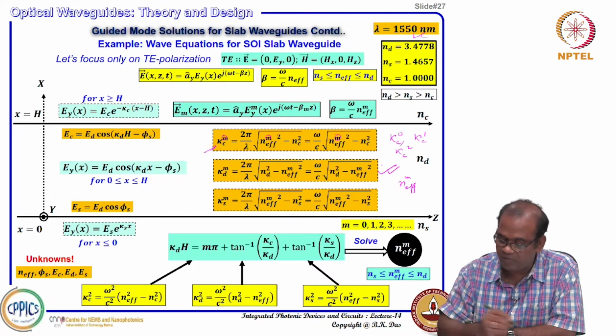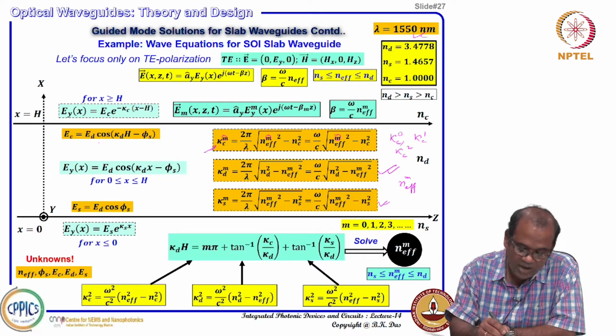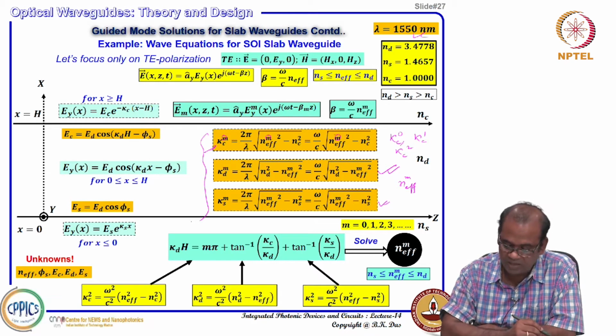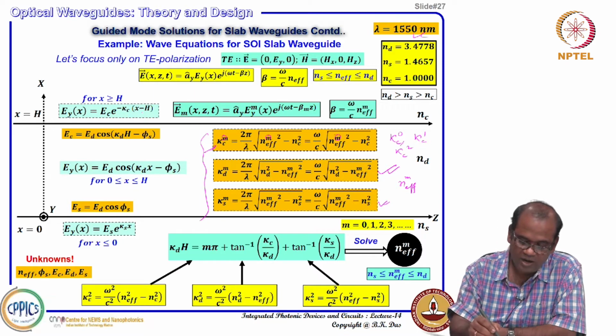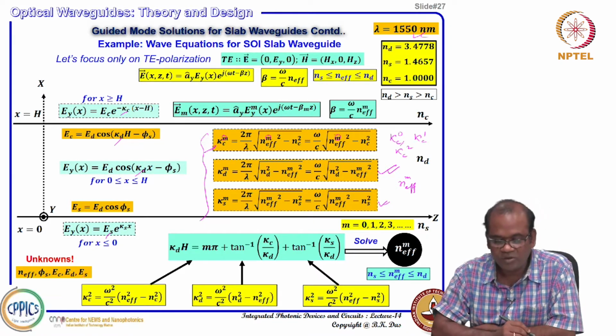Likewise you can get kappa_d, likewise kappa_s. That means I get a set of kappa values, kappa_c, kappa_d, kappa_s, each corresponding to m. So, I get one set of solutions.